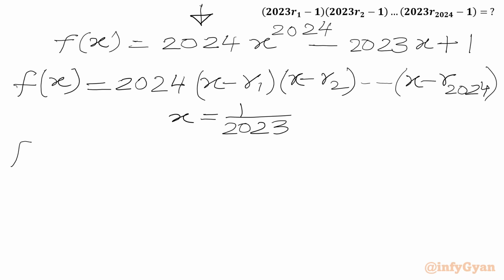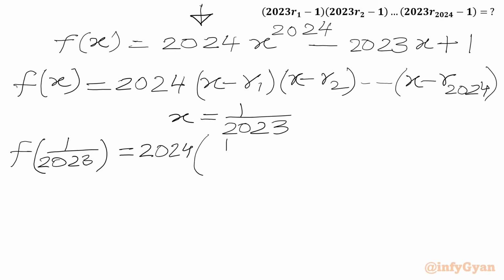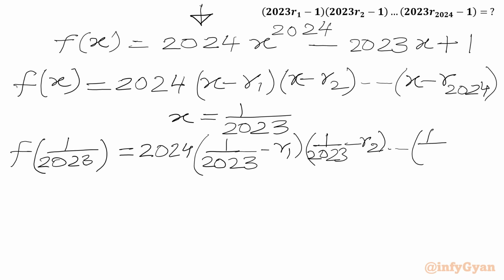Let's check what will come out. f of 1 over 2023: we are going to write 2024 times, in place of x, 1 over 2023 minus R1, then 1 over 2023 minus R2, up to 1 over 2023 minus R 2024.